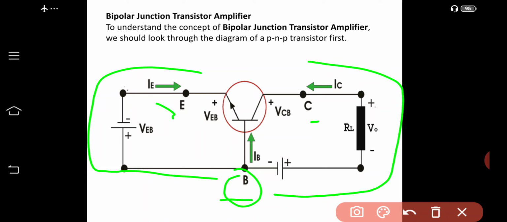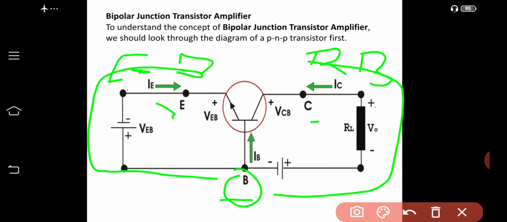So it is called common base configuration. For use as an amplifier, the transistor is connected with forward bias at the input and reverse bias at the output.